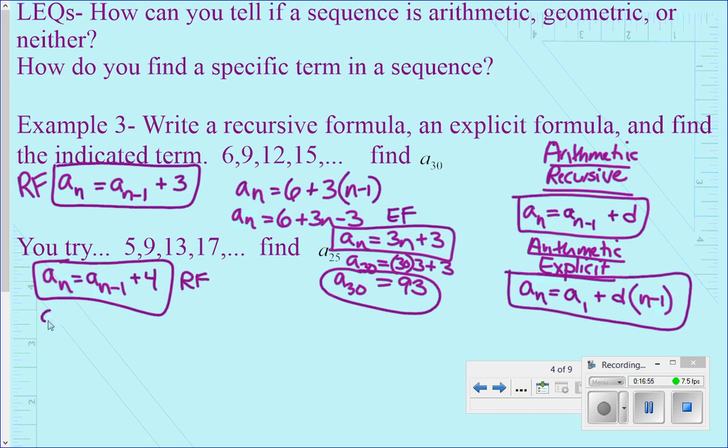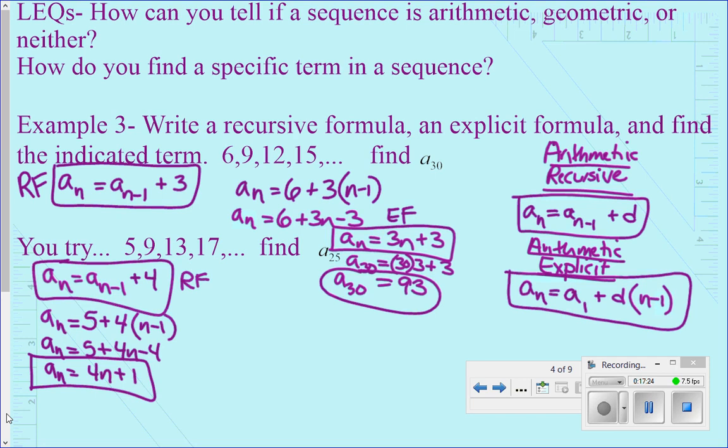Explicit, a sub n equals a sub 1, which is 5, plus the common difference, which is 4, times the quantity n minus 1. So a sub n equals 5 plus, distribute the 4, 4n minus 4. So if I simplify that, I'm getting 4n plus 1 is a sub n. That is my explicit formula.